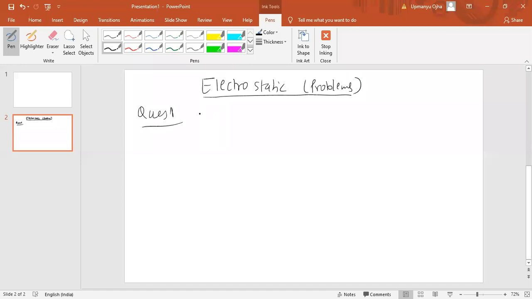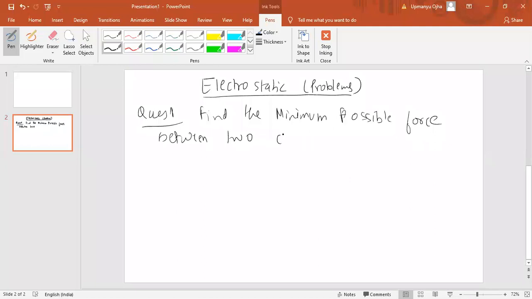Question number one is: find the minimum possible force between the two charges.